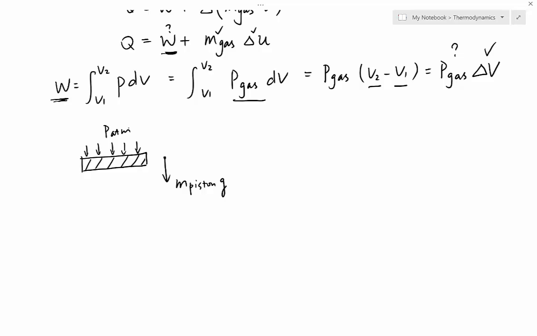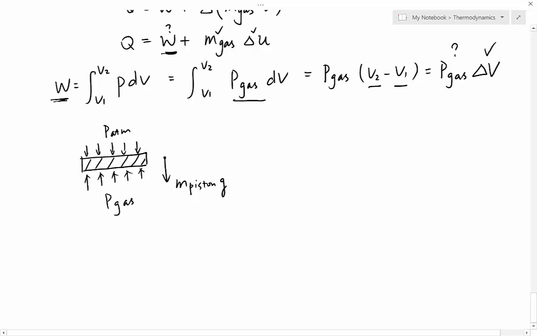And then at the same time, you also have pressure coming from the gas, and it's going upwards. So how many forces do we have in total? Total forces going down must be equal to total force going up. So that's how you balance the three forces.